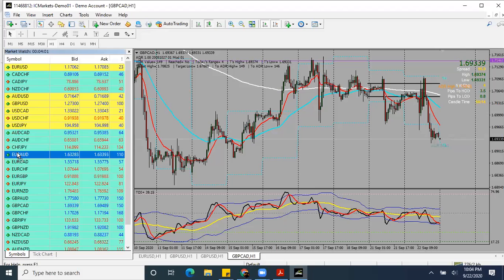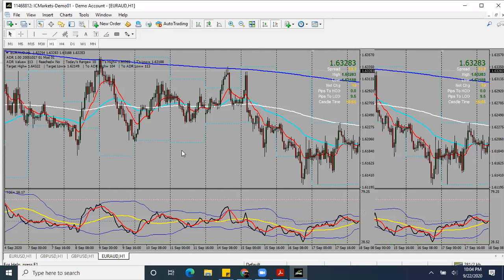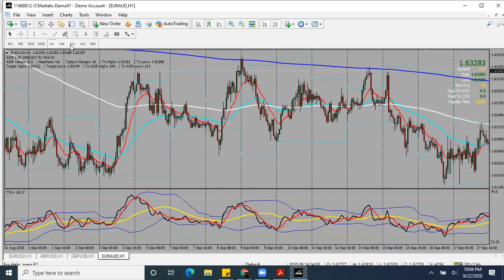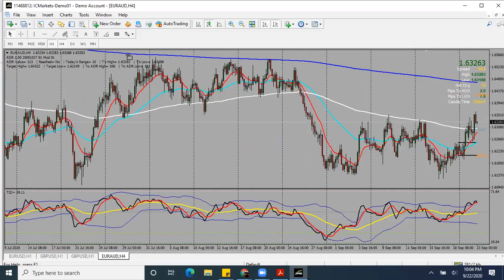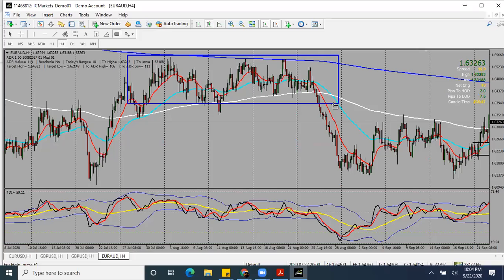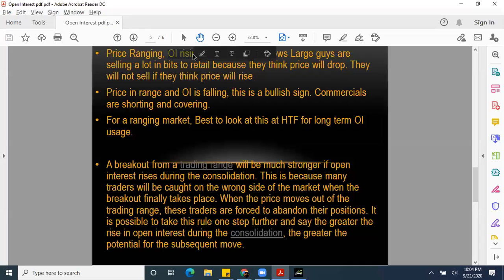On Euro AUD H4, during this consolidation, when price was consolidating, what do we want to see? If price was consolidating, and at that same time we are noticing an increase in the open interest, it's telling us we should be ready for sales.